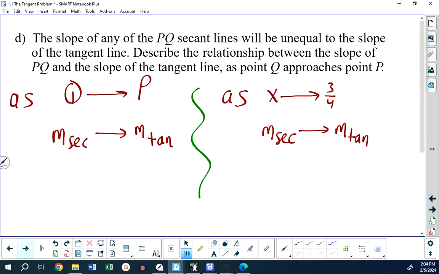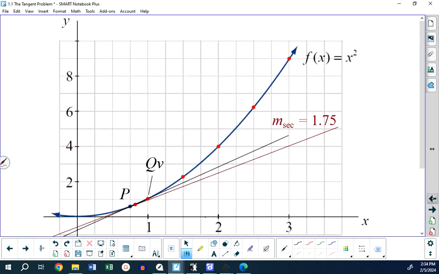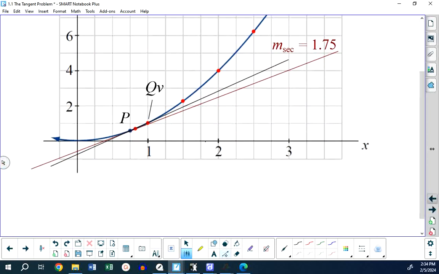Because 3/4 is the x-coordinate of P. In fact, if you take a look at these diagrams I've given you, there is some value of x here that these red points are all getting closer to by moving to the left. 3 for x is not really that close to 3/4, but 2.5 is closer, and 2 is closer, and 1.5 is closer. In fact, is there any limit to how close we can move Q to P?